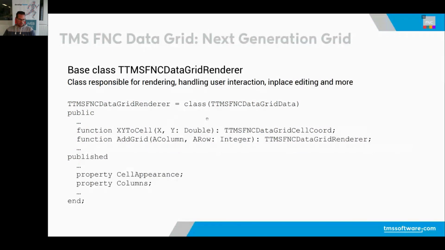The renderer is able to do the interactions like editing, scrolling, selection, etc. We also have the ability to add grids, the ability to detect cells when you hover over with the mouse, defines how the cell should look like with the cell appearance, and also has a convenient columns collection at design time to further define how the grids should look like.